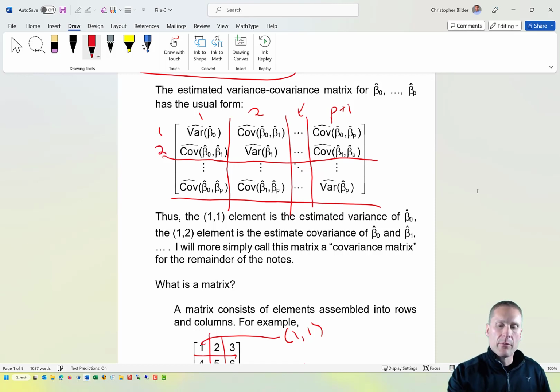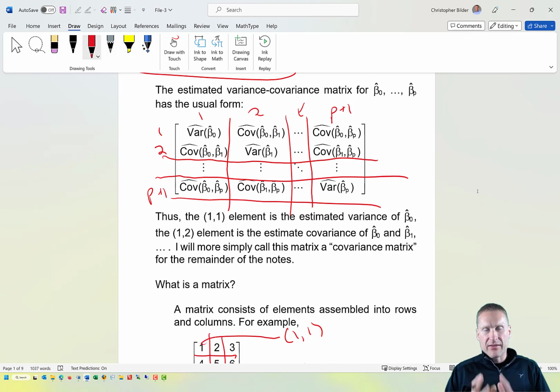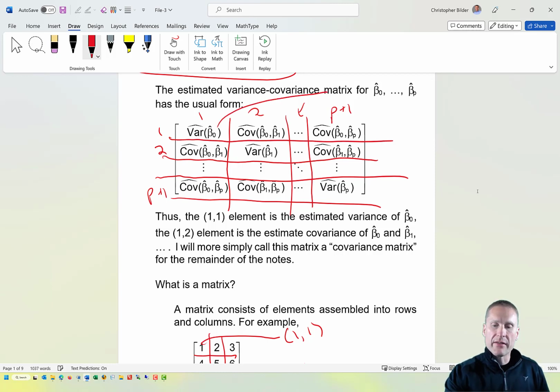There are going to be p plus 1 rows. And in each element of that matrix is something that's very important to us. In particular, the 1, 1 cell is the estimated variance of beta hat 0. The 2, 2 cell is the estimated variance of beta hat 1. And then we can keep on going to the p plus 1, p plus 1 cell. This is the estimated variance for beta hat sub p plus 1.